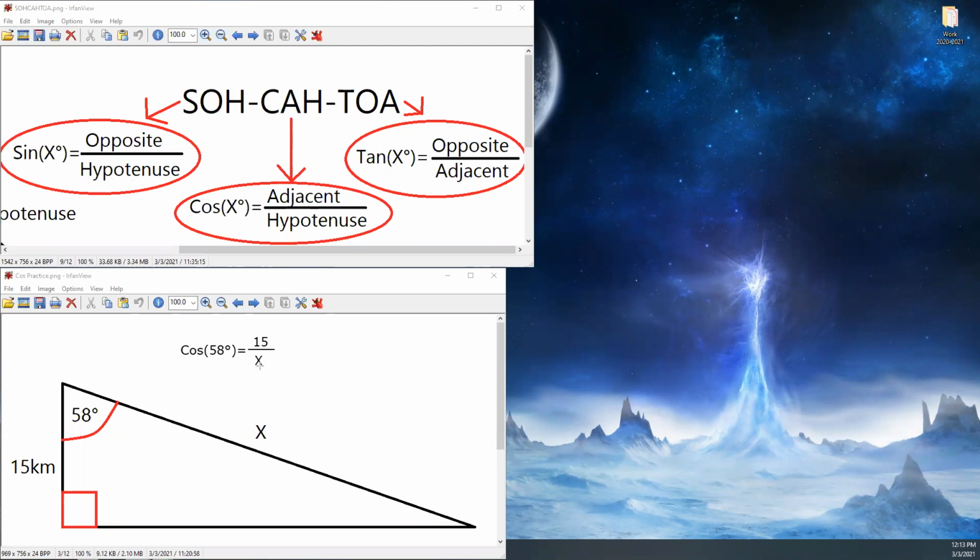So remember, anytime x is on the bottom, you can just follow the calculator steps when x is on bottom, right?